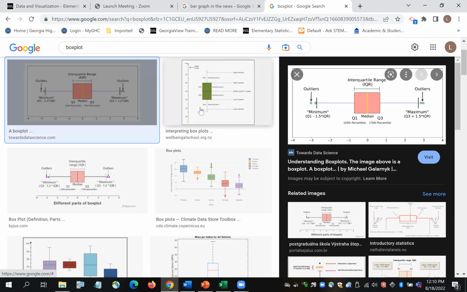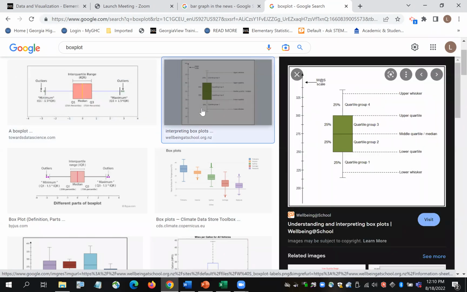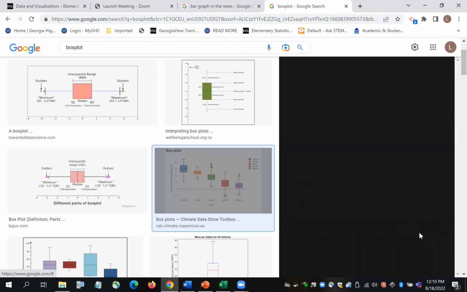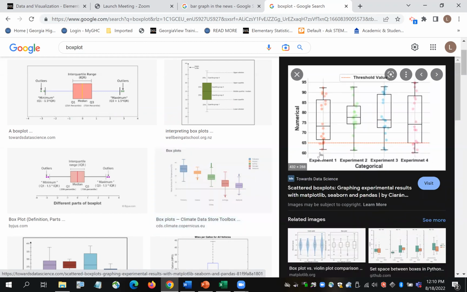It's done horizontally, but you can also see one that's done vertically. You can use box plots to compare different groups. If you put in the actual data, you can see how it compares. So again, they're useful.